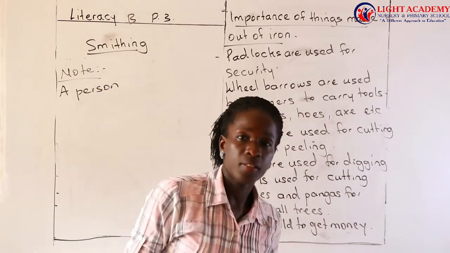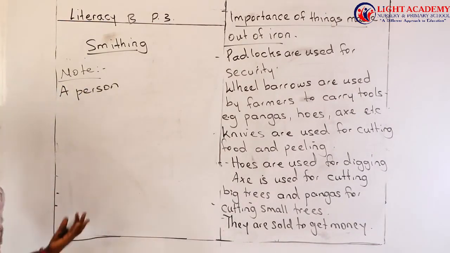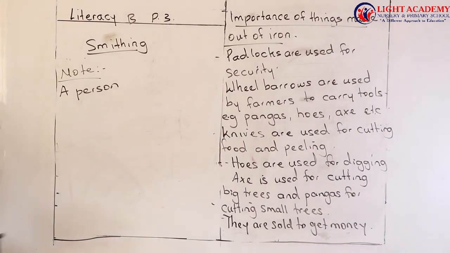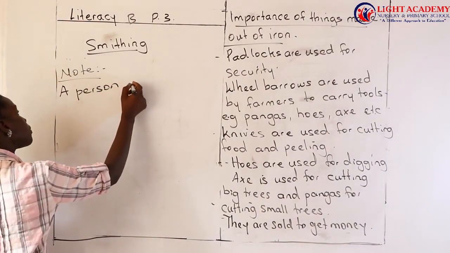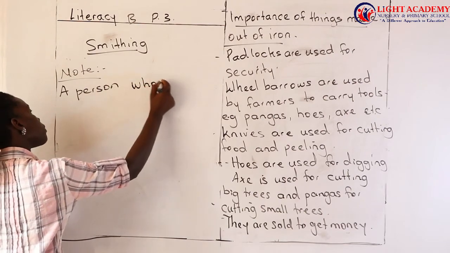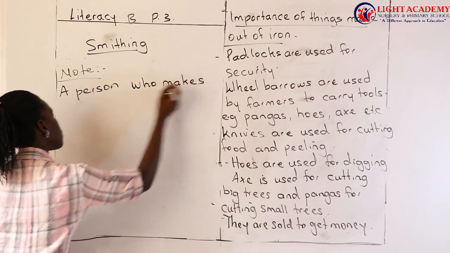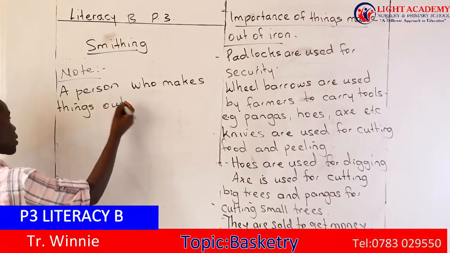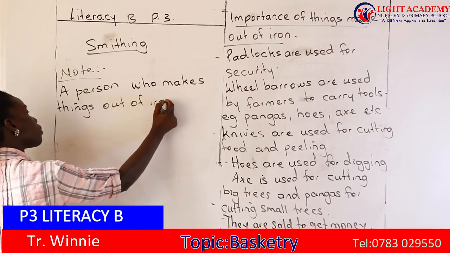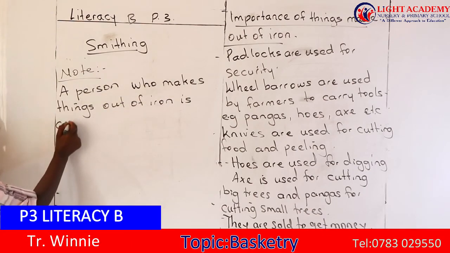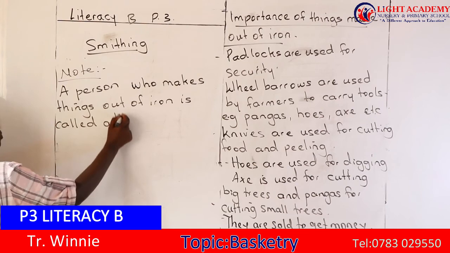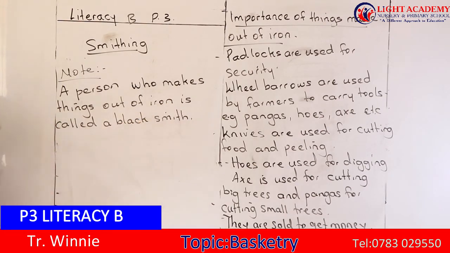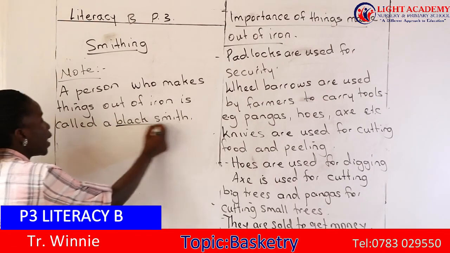Anyone who makes hoes, pangas, knives, slashers, and many other things is called a blacksmith.